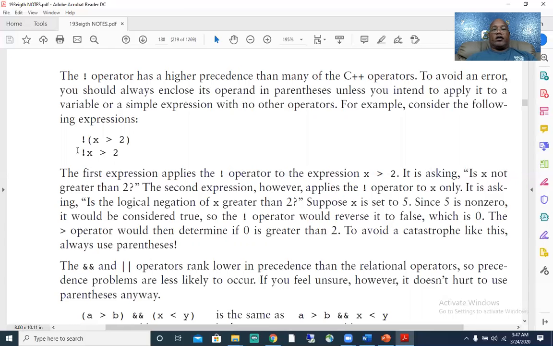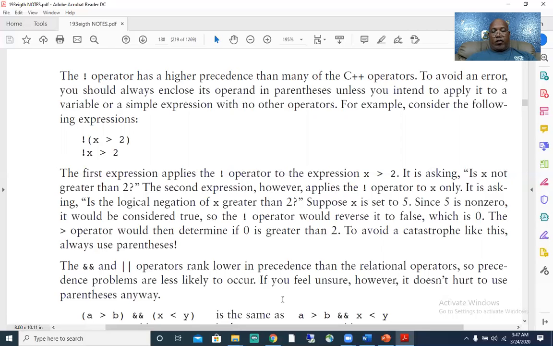So if x is 1, that would be true, which the not would turn to false. If x was 0, then the not would turn it to 1, and 1 is greater than 2? It's still false. So either way, with not x greater than 2, the not says that it's going to be either 1 or 0.